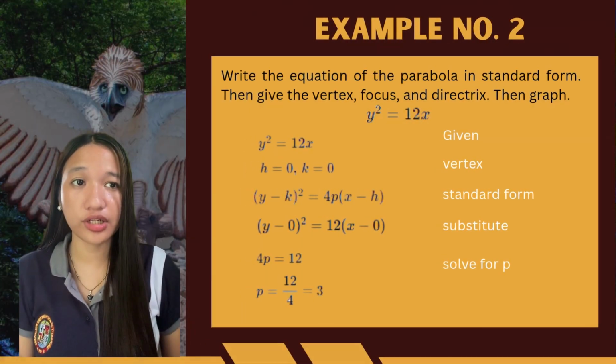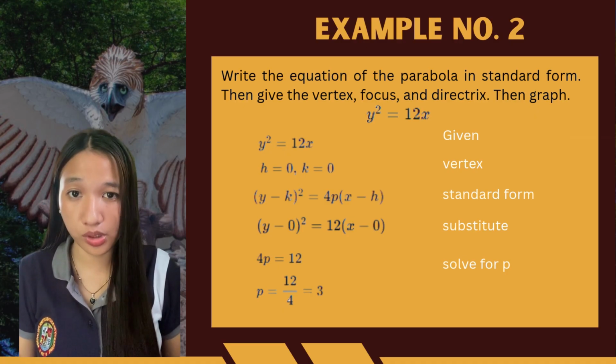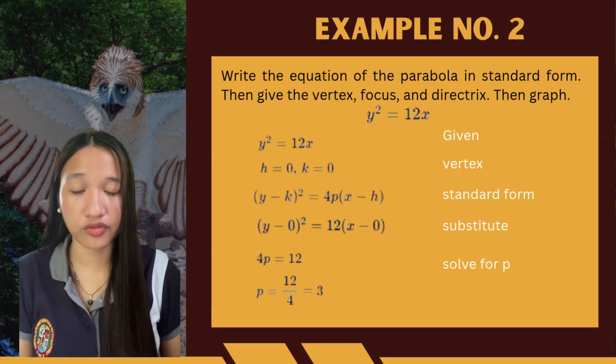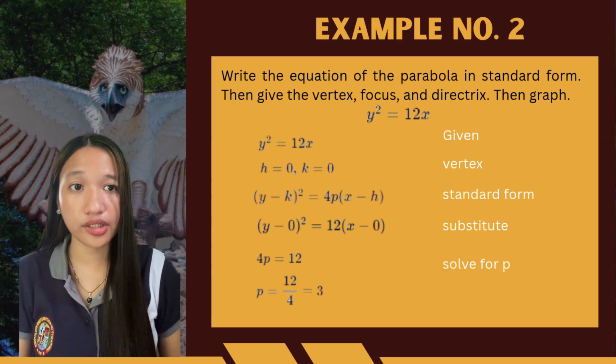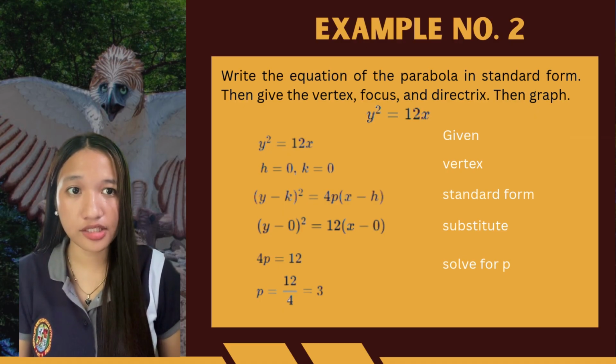Next we have our example number 2, in which we have to write the equation of the parabola in standard form, then give the vertex, focus, and directrix, then show the graph. Our given is y squared is equal to 12x. So our h there is 0 and our k is 0. So that's our vertex. y minus k squared is equal to 4p times x minus h.